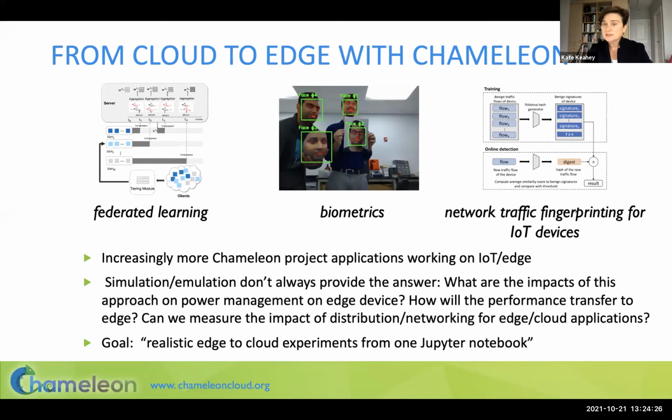And then last but not least, network traffic fingerprinting for IoT devices, right? With network traffic fingerprinting, you look at the network traffic, and from it you can infer what's going on in the environment. You can, for example, have somebody who has a refrigerator. Those things are very smart. And from the network, you can tell whether the refrigerator was opened or closed, right?